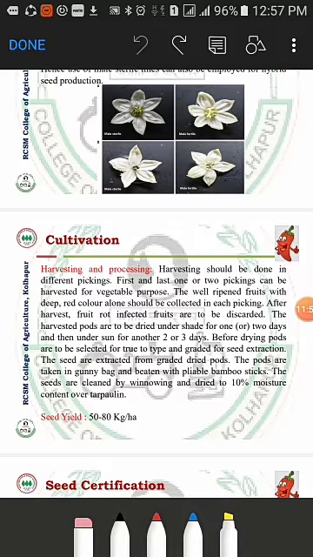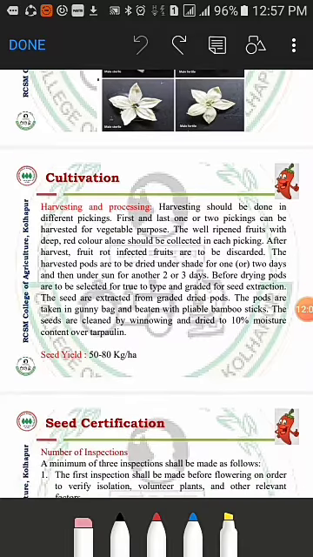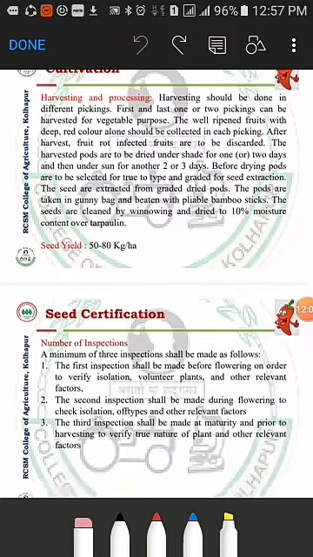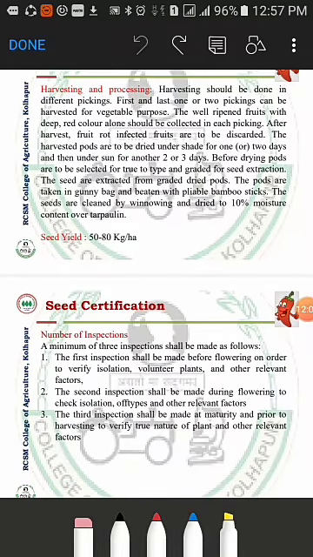The red chilies are harvested and dried in shade as well as in sun, and 2 to 3 days after drying they are used for extraction of the seeds. About 50 to 80 kg of seed per hectare will be obtained.